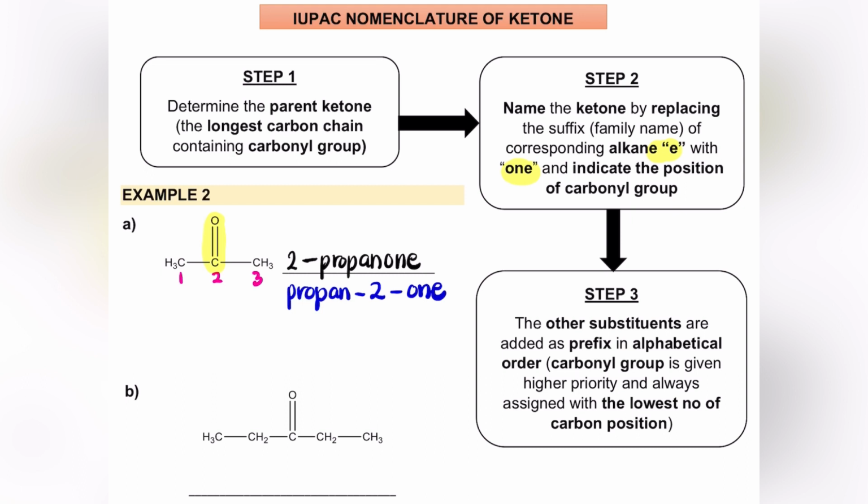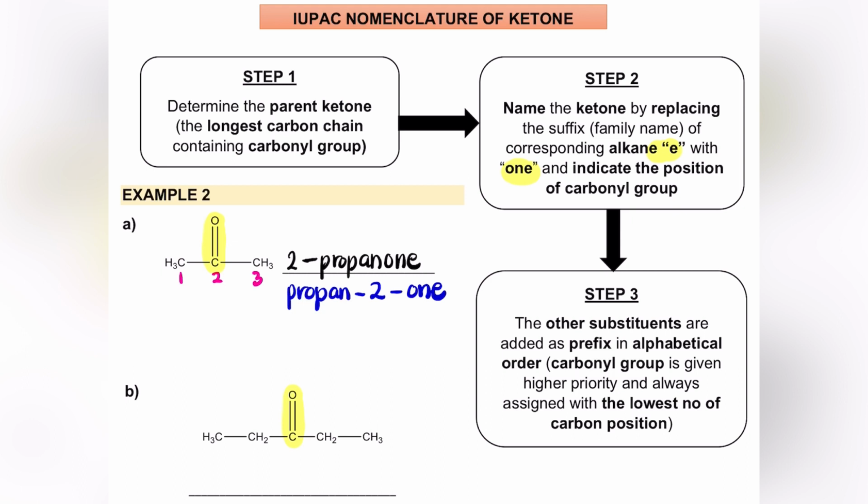Next one, you have this structure. You have the carbonyl group in the middle. So I'm not going to give this carbon as the first one because I have to determine the parent chain with the longest carbon atoms. So I'm going to start whether from the left or from the right. It's going to be the same because the carbonyl group here will be at the third carbon.